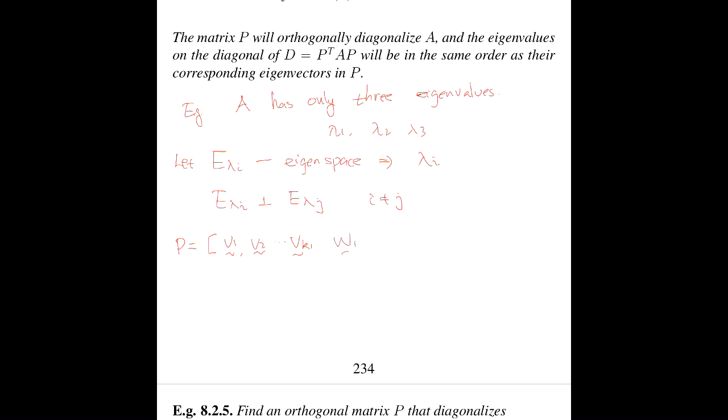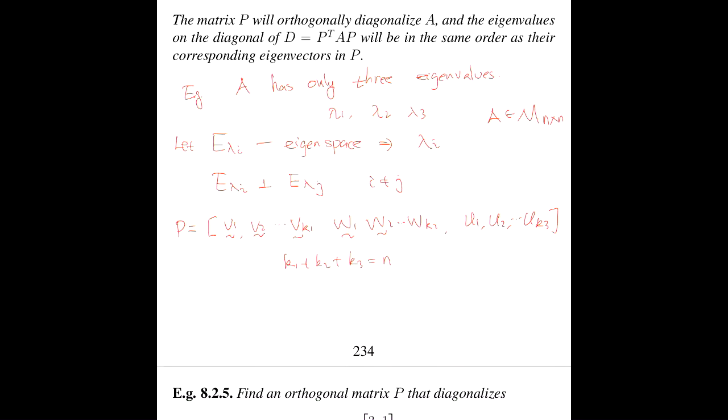And then W1, W2, up to WK2 are the basis for E lambda 2. And U1, U2, up to UK3 are the basis for E lambda 3. Each of them is a column vector. You just list them here and you get a square matrix P. Of course, K1 plus K2 plus K3 is equal to n, where A is an n times n symmetric matrix.